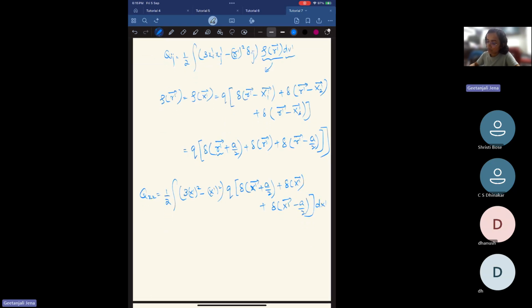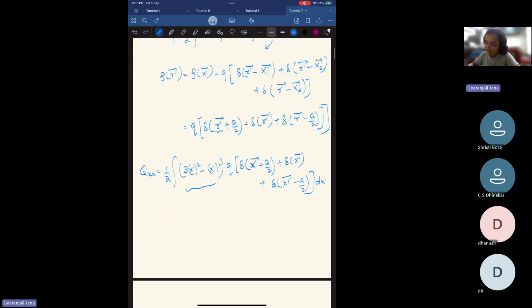Now it's easy to solve. This is 2x prime square. So 2 will cancel. You will have x prime square by 2 and the delta function.